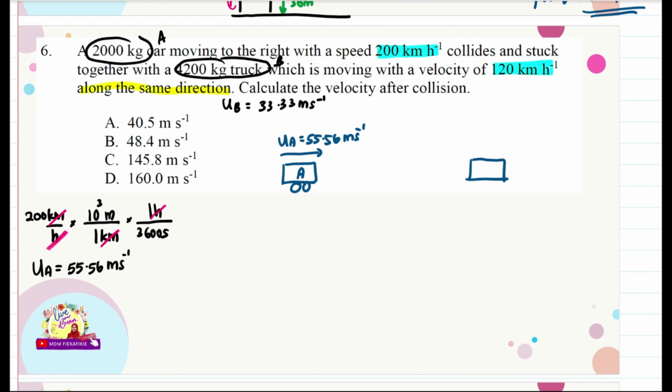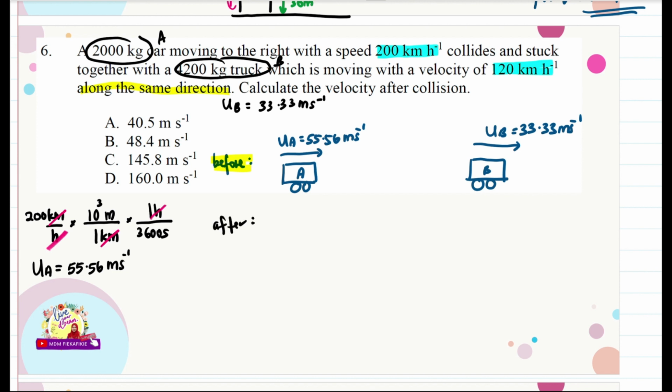Along the same direction means that truck B pun bergerak ke kanan. Okay, arah yang sama. So UB is equal to 33.33 meter per second. Okay, so this is before collision. Ini adalah before.